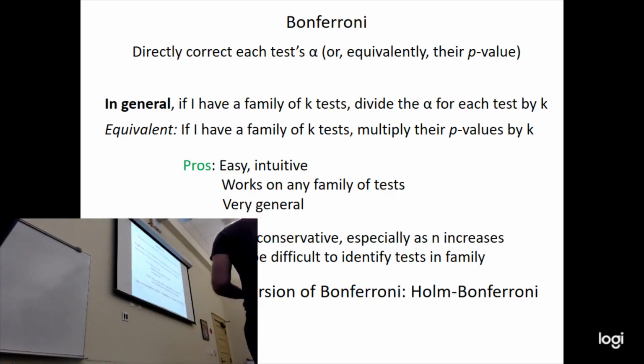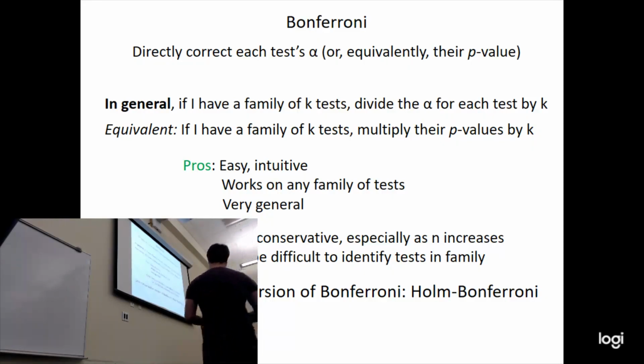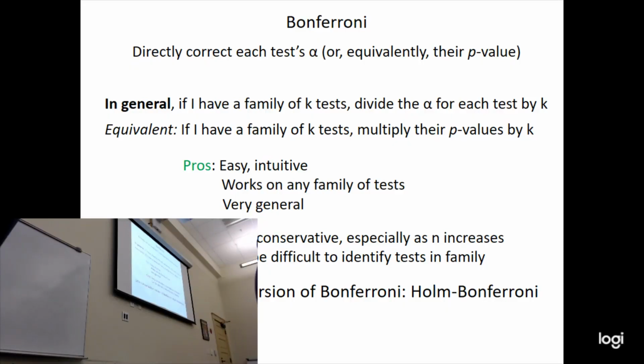The cons, the things that are not so good about these procedures, is that they're very, very conservative. Imagine you're working with fMRI data. You get some measurements across thousands or even millions of voxels. Or let's say you're working with geospatial data.